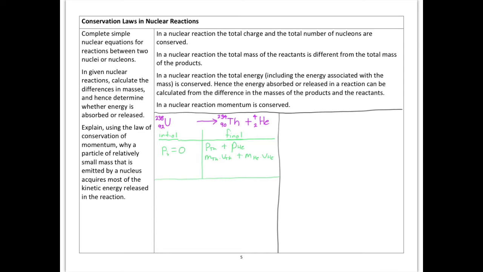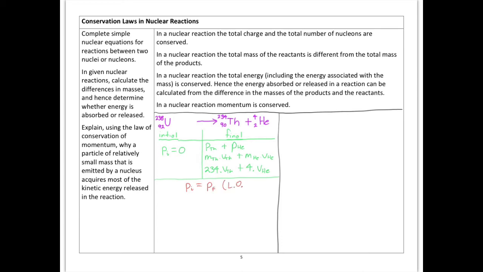And we know that the relative mass of the thorium is 234 from its mass number, times the velocity of thorium, plus the mass of helium, which is 4, times the velocity of helium. So the law of conservation of momentum tells us that total initial momentum is equal to the total final momentum.